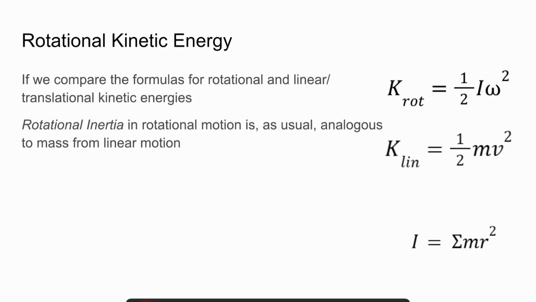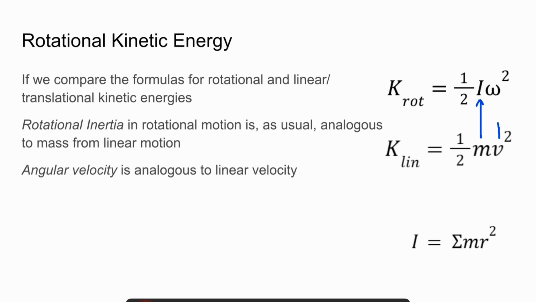The first one is that, as usual, our mass is now being replaced by our moment of inertia. That stands in for mass in rotational motion. And obviously, our velocity is now replaced by our angular velocity. Other than that, this is the exact same equation, right?